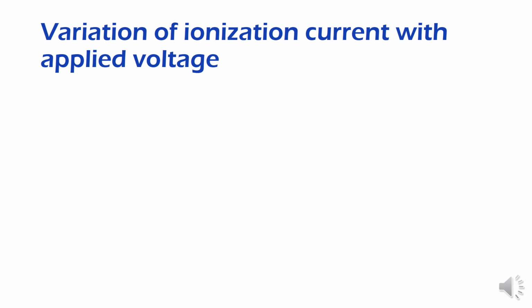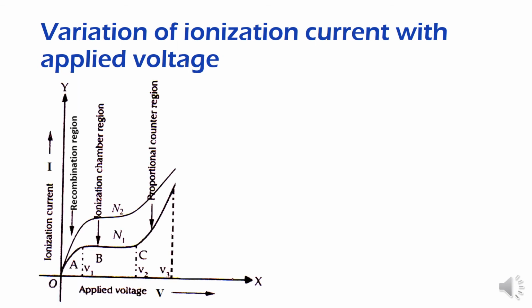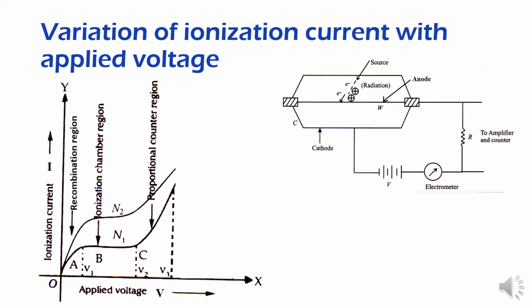Now if you further increase the voltage, let us allow the particle to enter into the chamber when the voltage is greater than V2. Then the potential at the anode is very high, and it will attract the electrons with a very high force.